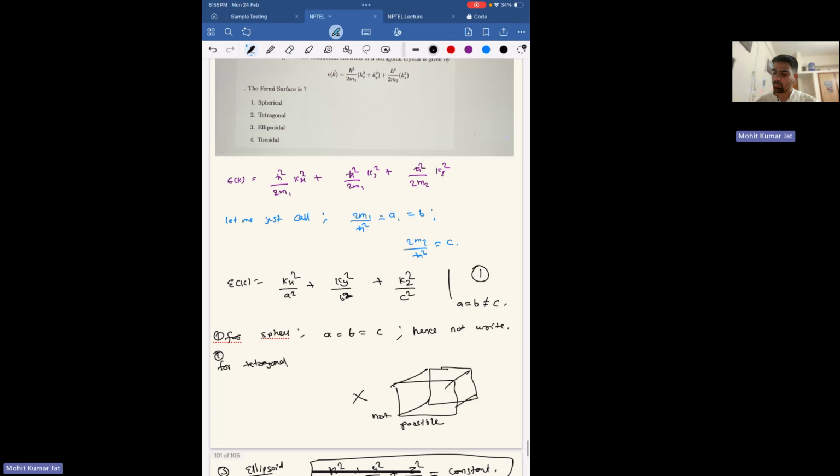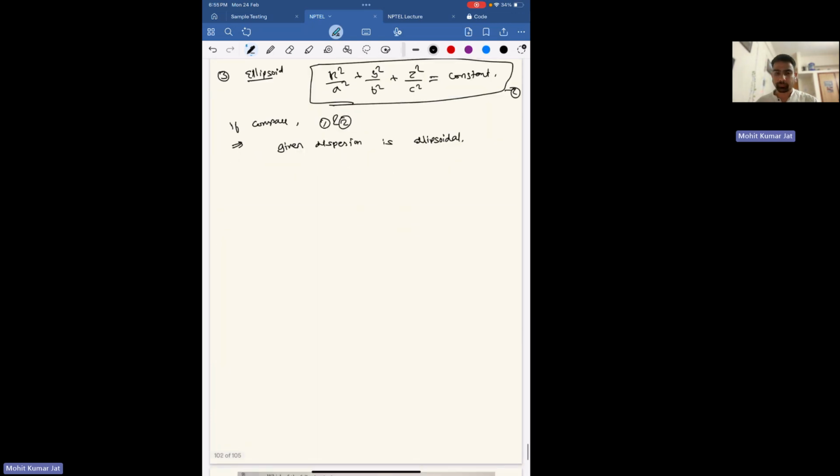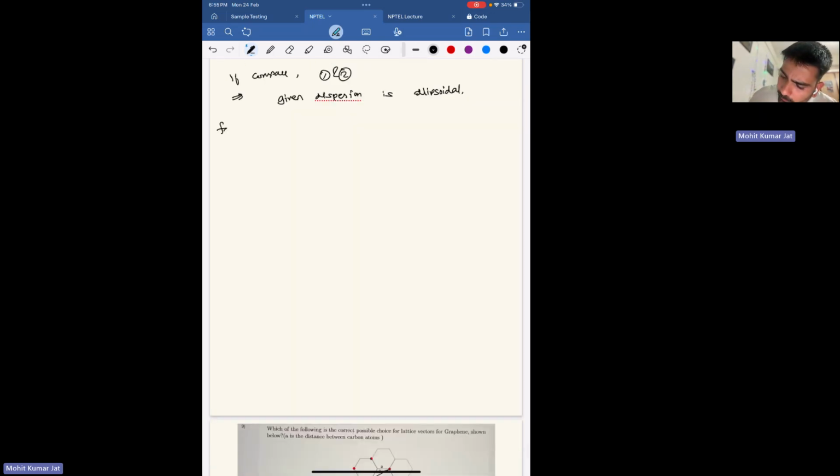The fourth option is toroidal. For the toroidal one, the equation is somewhat different. This is for toroid. We are told that the ellipsoid is the right answer, but I will show it for the toroid also. The toroid is not the correct answer. It will be x square plus y square plus z square plus r, where r is any constant, small r is also constant, equals 4r square times x square plus y square.